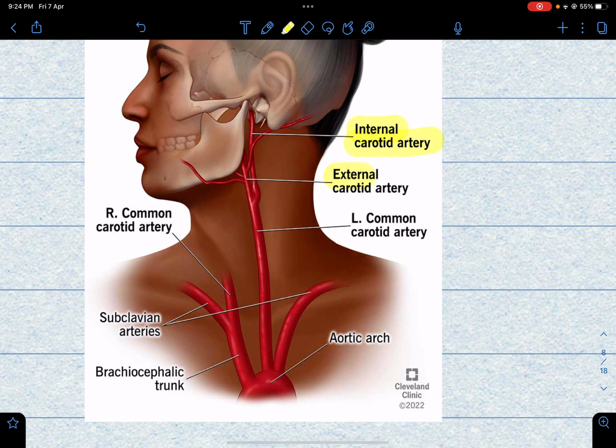Superiorly going to be the hyoid bone, and inferiorly going to be the cricoid cartilage. So this is the level 3. Here's the hyoid bone superiorly, and inferiorly going to be the cricoid cartilage, which is this one. This is the thyroid cartilage, and this is the cricoid cartilage.